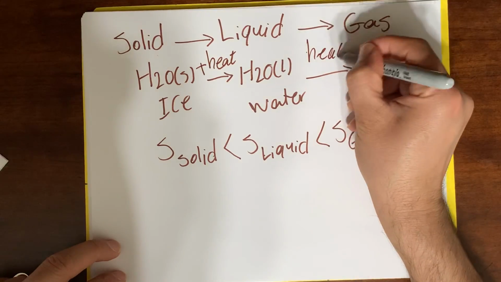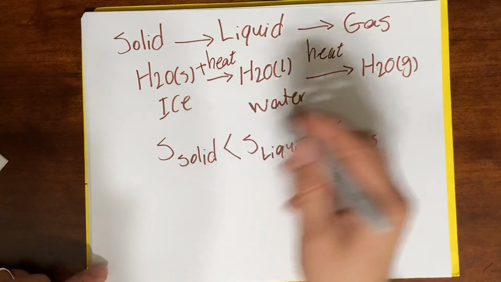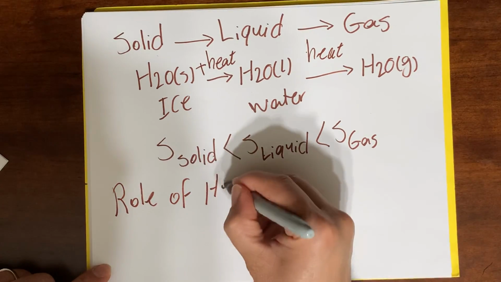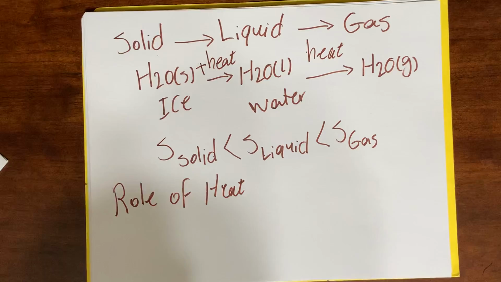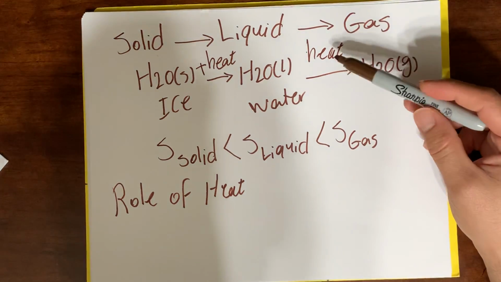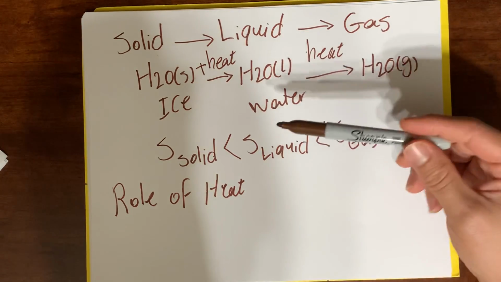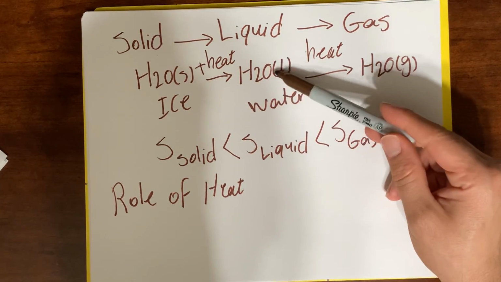We are adding heat. What's the role of heat? Heat will be used to get rid of or decrease the interaction between molecules.